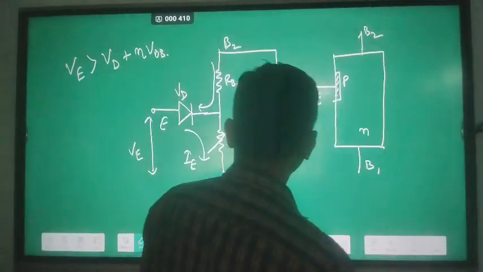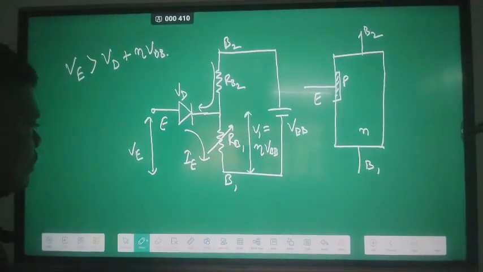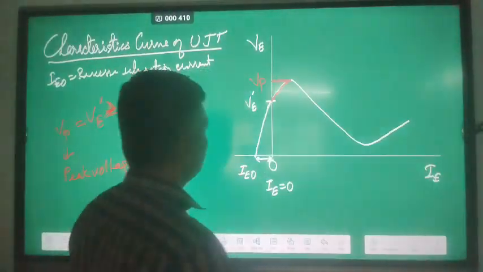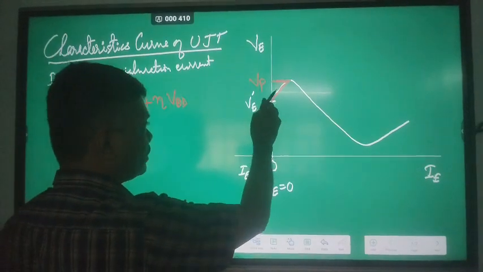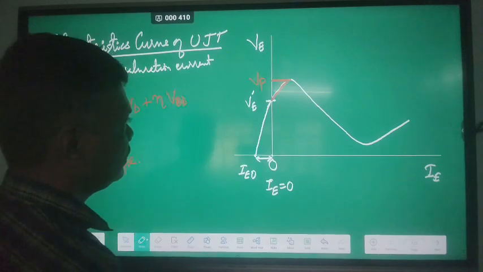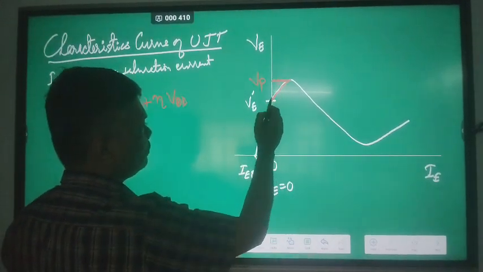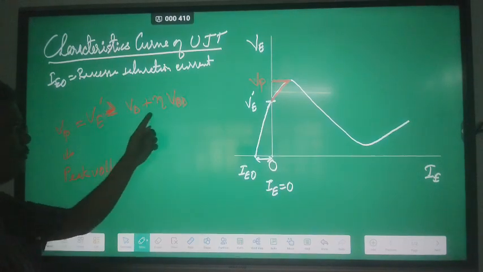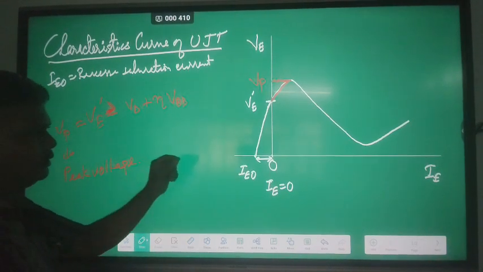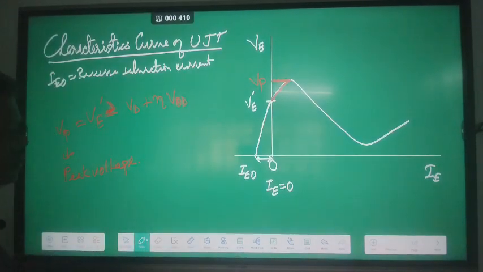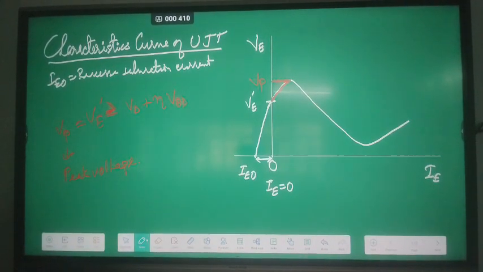You notice here that before reaching the peak voltage, this diode starts conducting and you are getting a small amount of current. Though the voltage is less than VD plus eta VBB, still the diode conducts and it gives rise to a small amount of current.